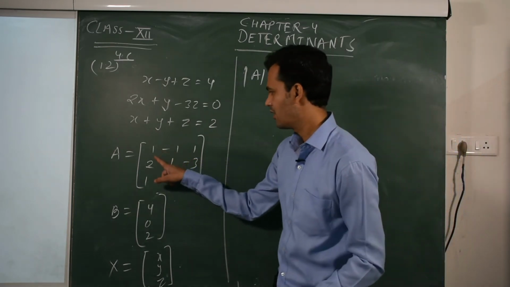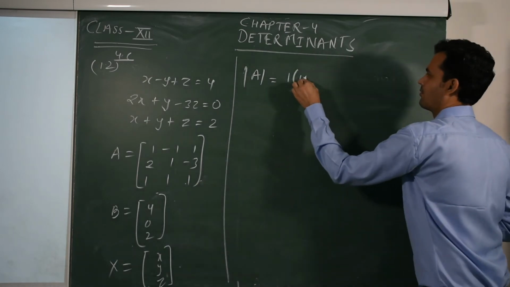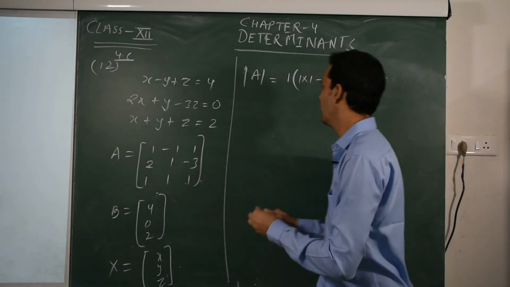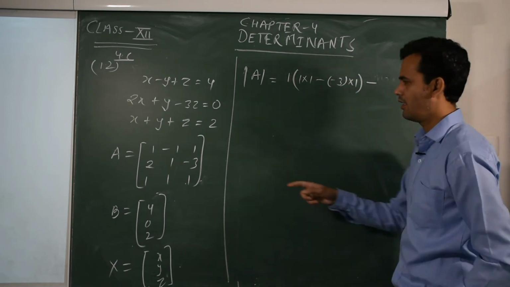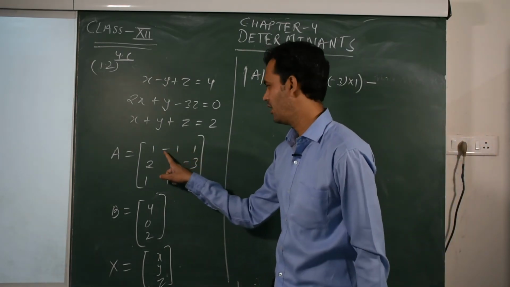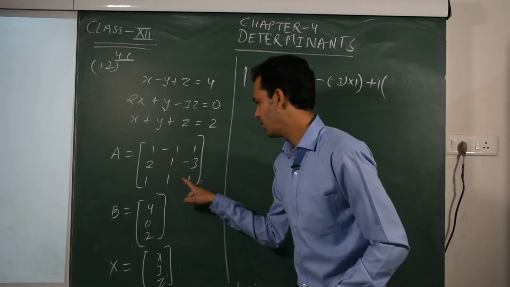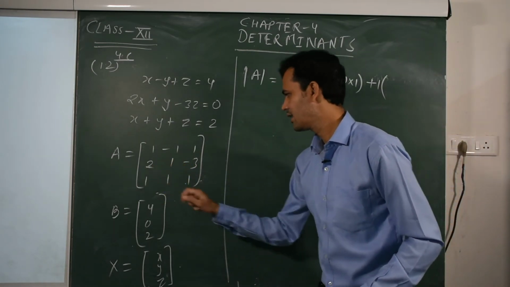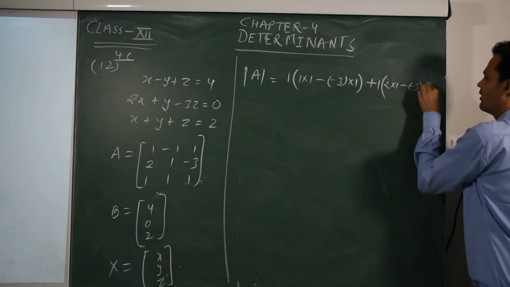For the first element we take this into this minus this into this: 1 into 1 minus 3 into 1. Then for the second, we take a negative sign, and here also we have a negative sign, so plus 1 into (2 into 1 minus 3 into 1).